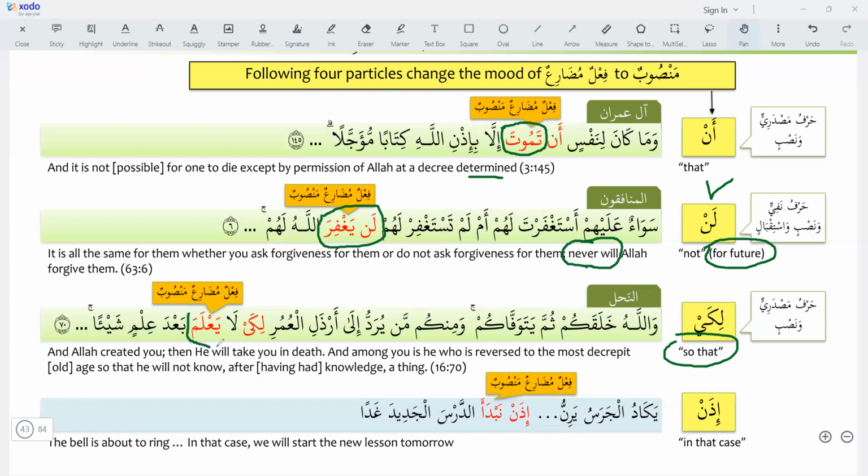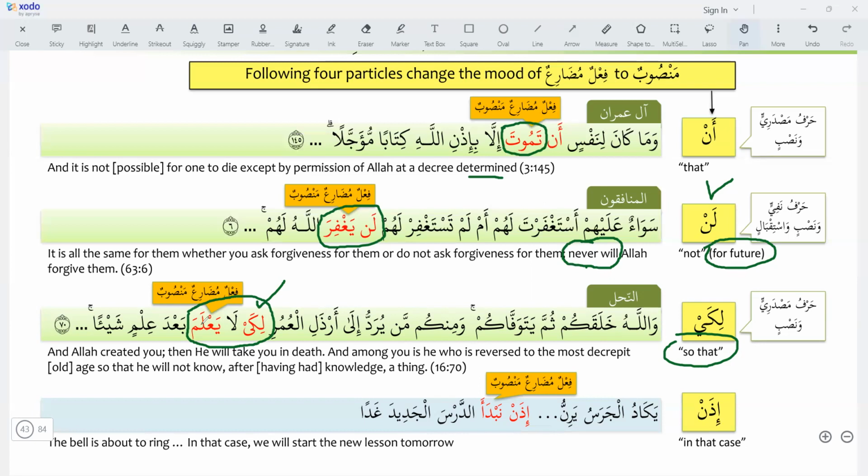So this likai is giving mansub to the ya'lamu. Ya'lamu changed into ya'lama because of this particular likai. So likai is fail mudari mansub.